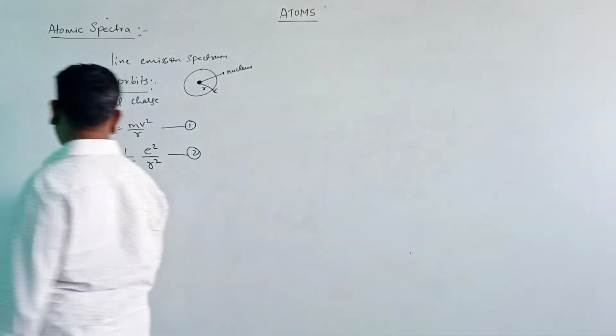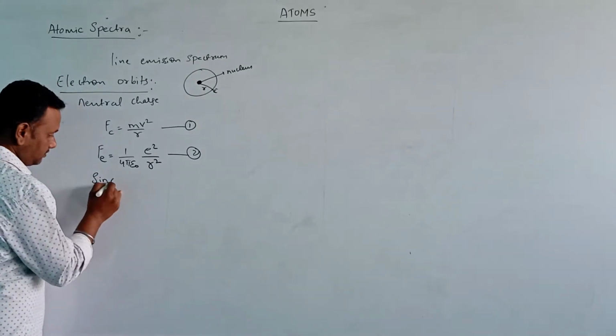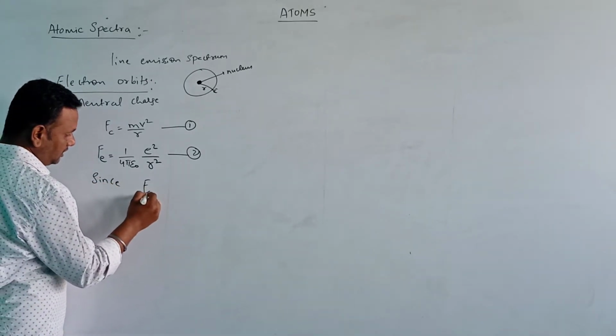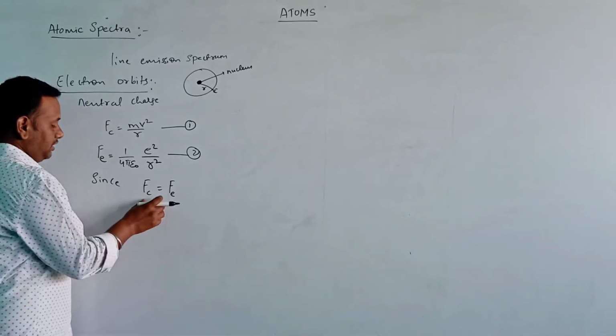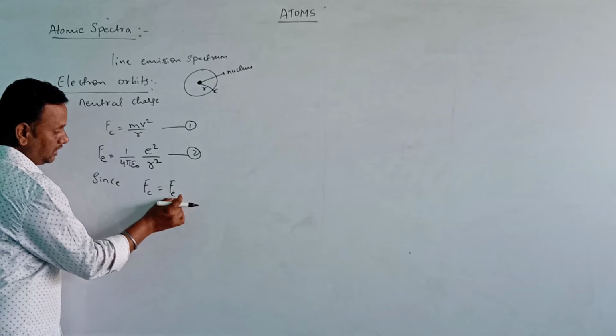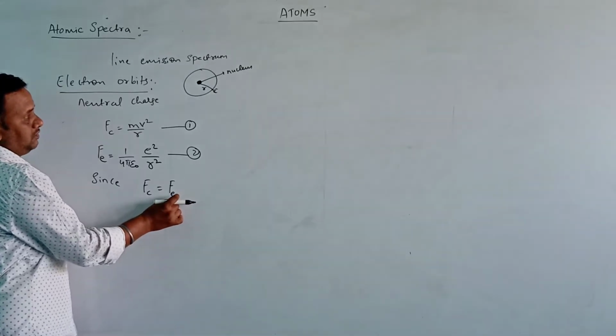Since Fc is equal to Fe, why are we taking the centripetal force equal to the electrostatic force?